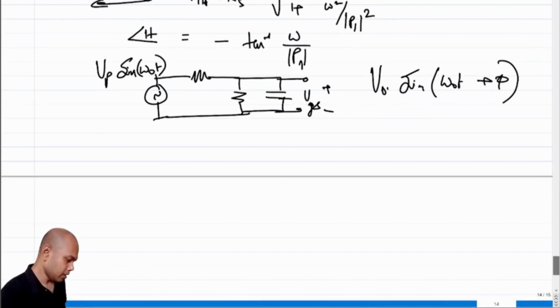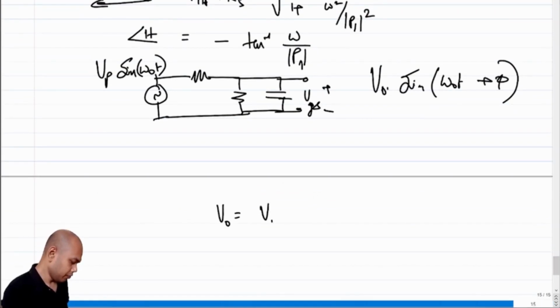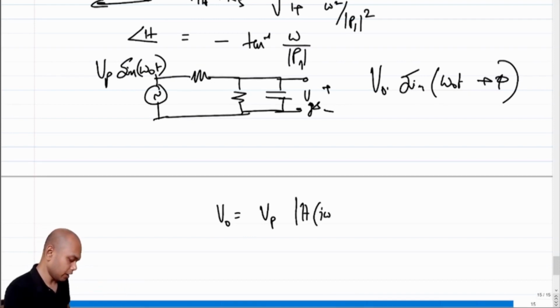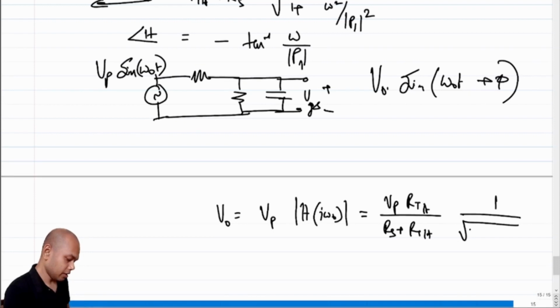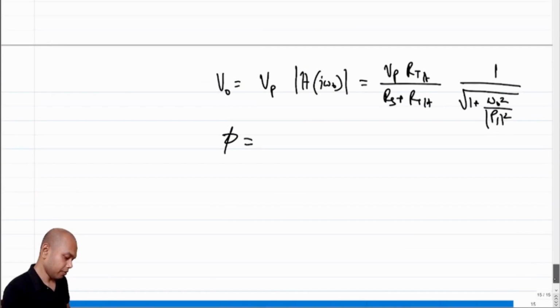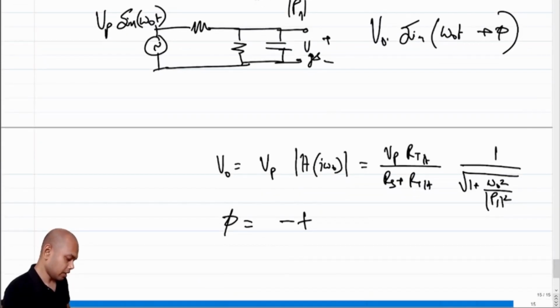So V naught will be Vp, the amplitude of the input, times mod of h of j omega naught, which is Vp times RTH by Rs plus RTH times 1 by under root 1 plus omega naught squared by mod of P1 squared, right? And phi will be equivalent to the phase, the angle of the transfer function. So phi will be minus tan inverse omega naught by mod of P1.